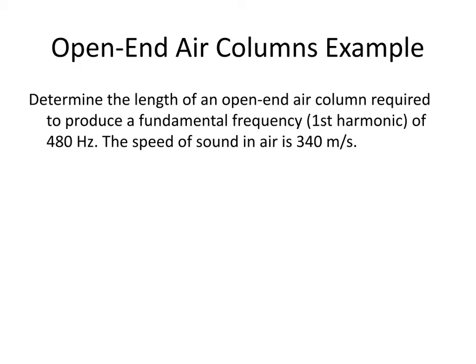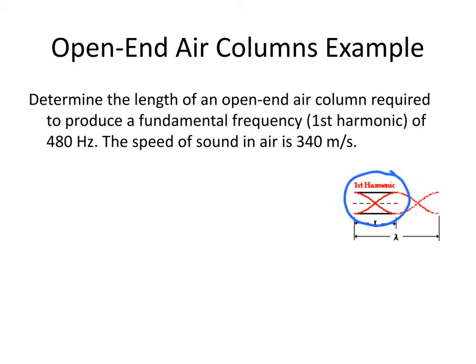We know that the speed of sound in this example is 340 meters per second, which is quite reasonable. So if we draw the diagram to show what the first harmonic would look like, again, as we saw earlier, we've got half a wavelength here. So the length of the air column must be equal to λ over 2.